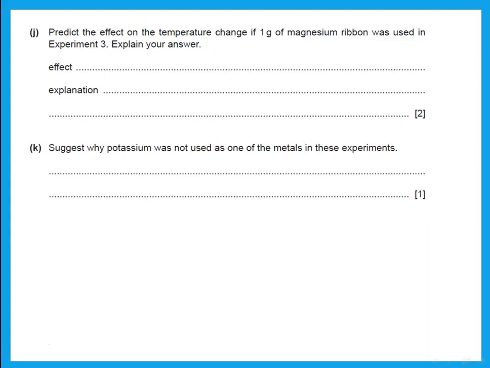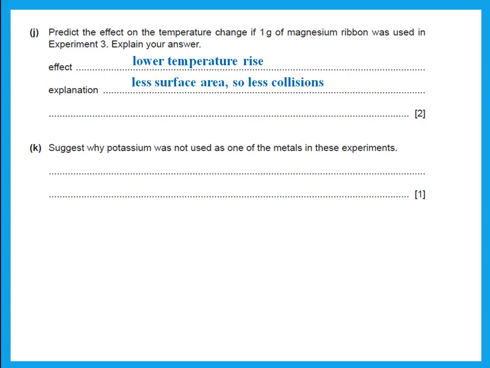Predict the effect on the temperature change if 1 gram of magnesium ribbon was used in experiment 3. Now, he used magnesium powder, so if I use magnesium ribbon, you should know that the ribbon will make the reaction slower, so that will give a lower temperature rise. Why?